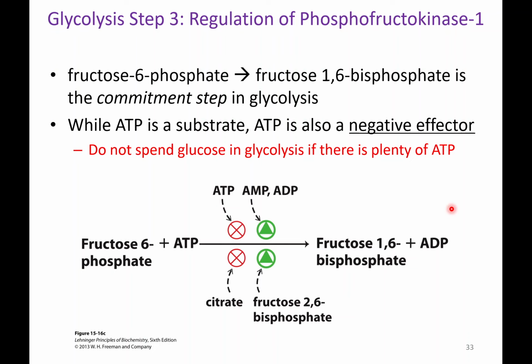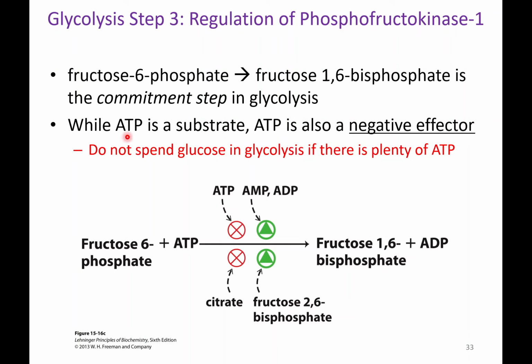This is a very interesting enzyme, PFK1, because it actually has 2 different sites for ATP. ATP is a substrate of this enzyme, but it's also a negative effector.